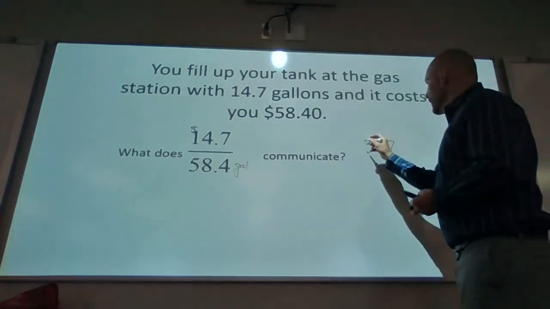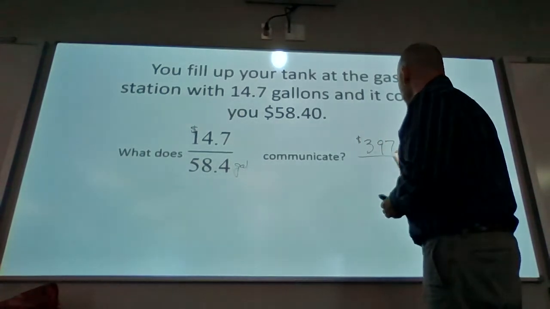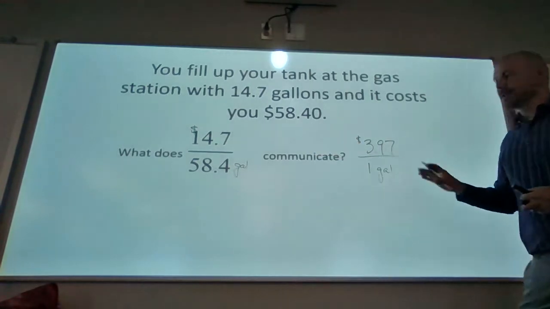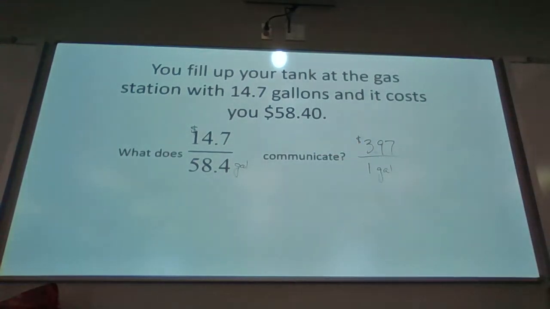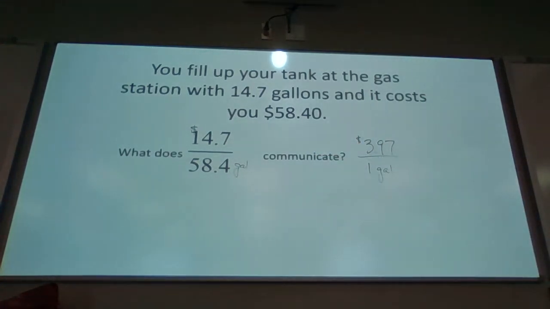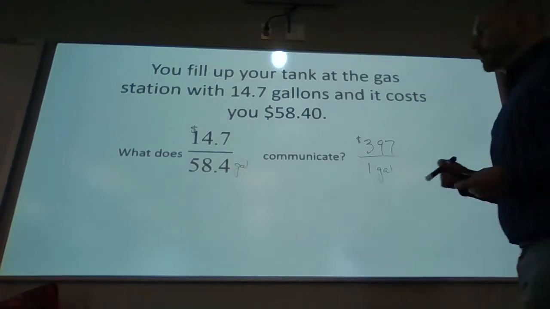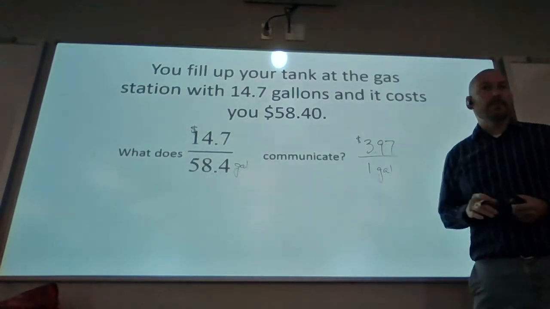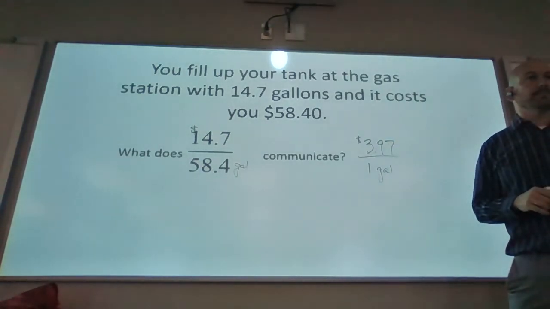To understand what this ratio is saying, looking at the units, it costs $3.97 for every 1 gallon. See why I did that? I just plugged that in my calculator, I got 3.97. Then I used my units, kind of like with our factor label method, like with moles to grams, grams to moles.